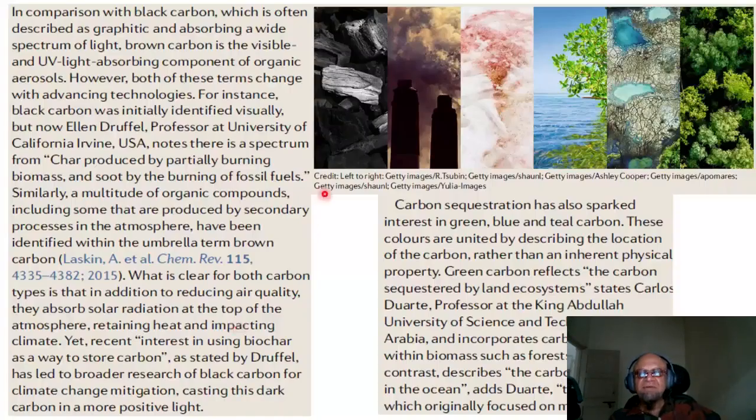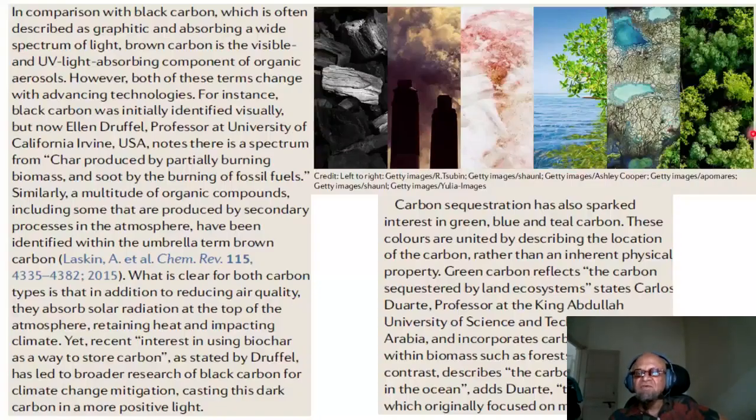Okay, so you know how things change. We've talked about this in a different context already. Here are some graphic images to help. Left to right, Getty Images, so you can see various colors of carbon here.